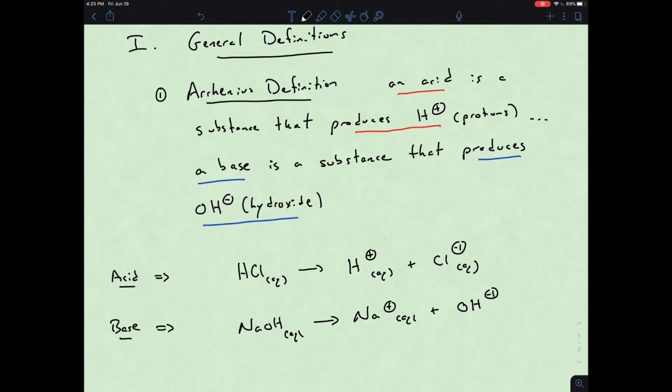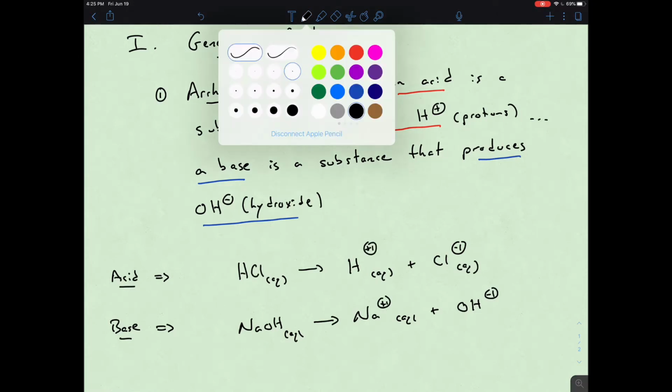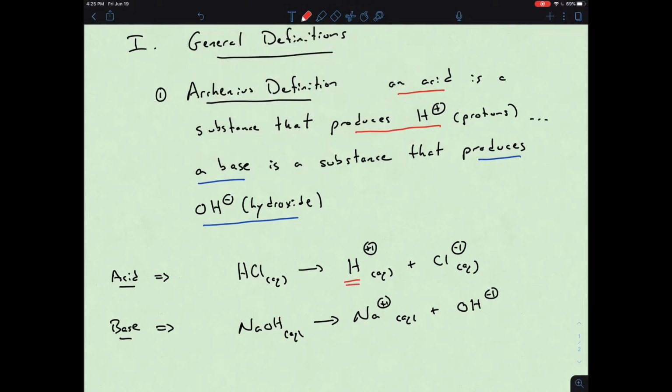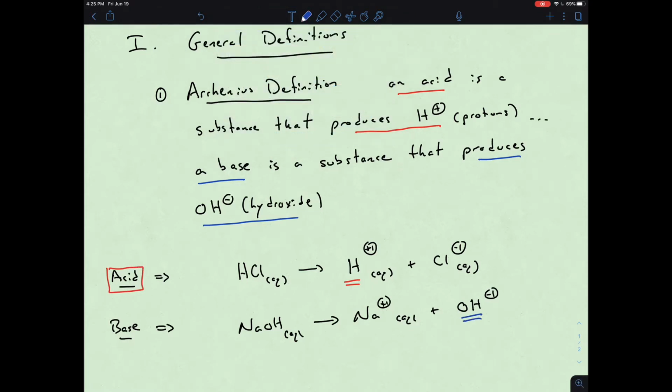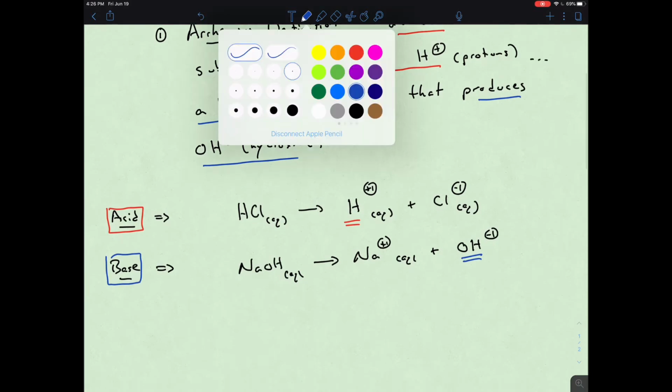So it's that production of those specific entities. For our acid, there is our proton source, and for our base, there's our hydroxide. So that's an example of a simple acid, an Arrhenius acid, and a simple base, an Arrhenius base: hydrochloric acid and sodium hydroxide. It's a little bit of a simplistic definition, though.